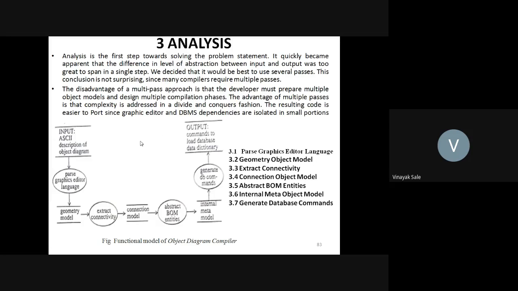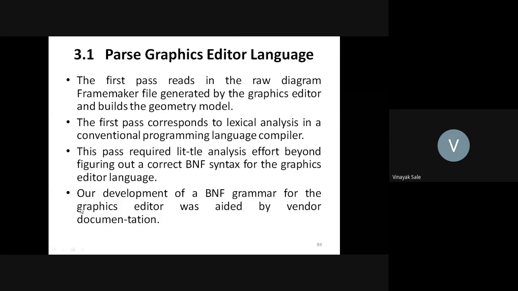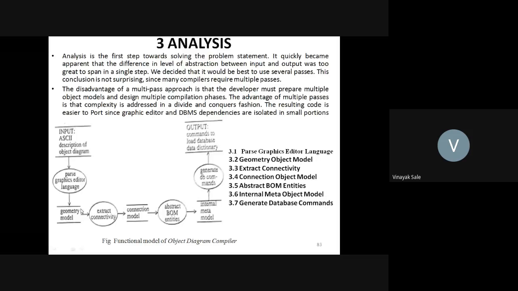So this analysis is divided into seven steps. Parse graphics editor language, this is the first step. Then geometry object model, the second step. Then extract connectivity, third step. Then connection object model, fourth step.